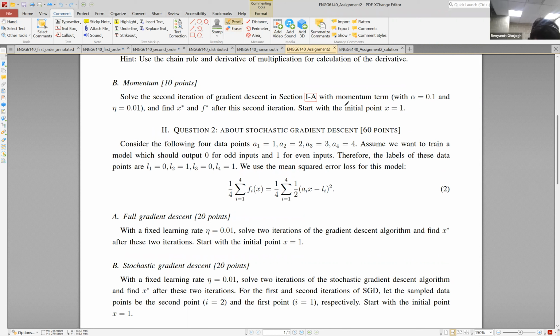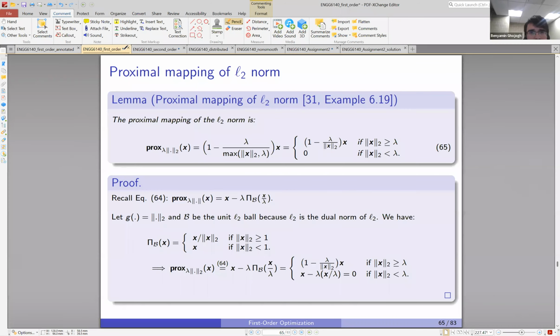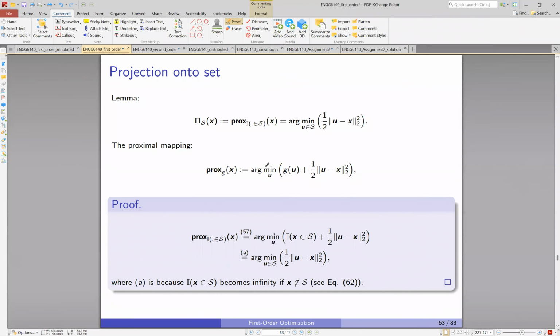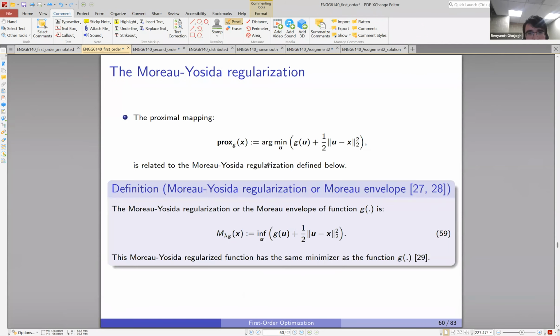Okay, this equation is 1 over n summation of f_i(x), i from 1 to n. This is what we had in the slides, I think. Let me bring this.